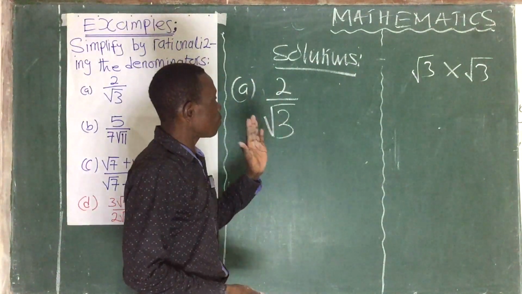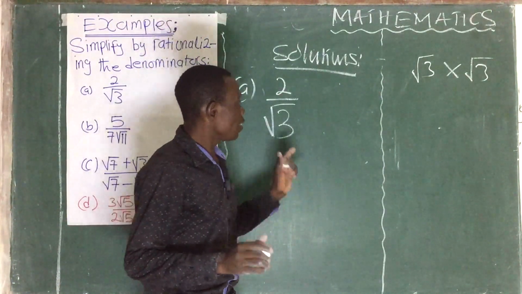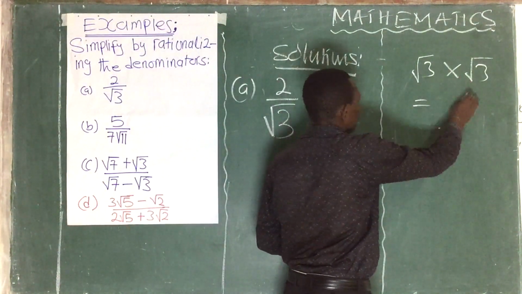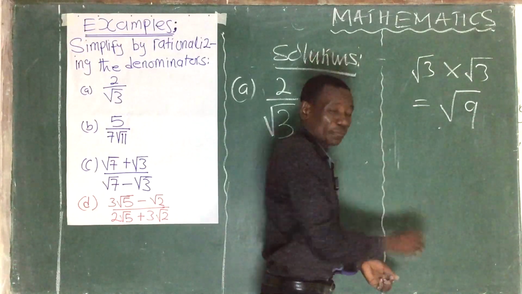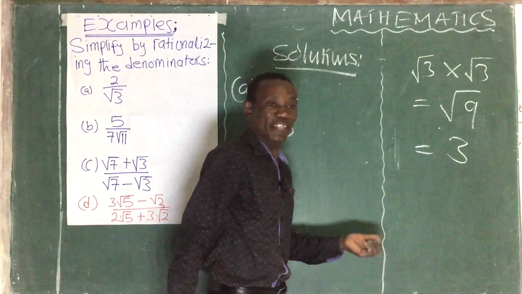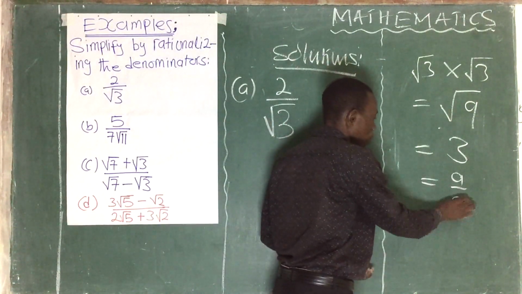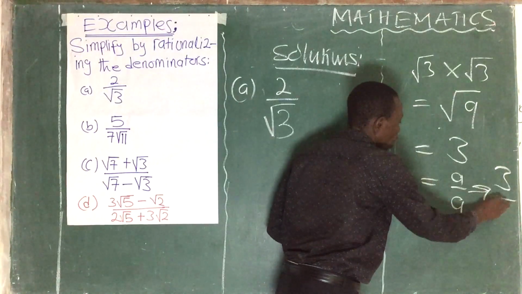There's nothing else that can be multiplied by root 3 in order to have the result as a rational number. See here, the product of the two gives us root 9. So if I take the square root of 9, obviously what I have is 3. So 3 can be expressed in the form of A over B, which is just 3 over 1.